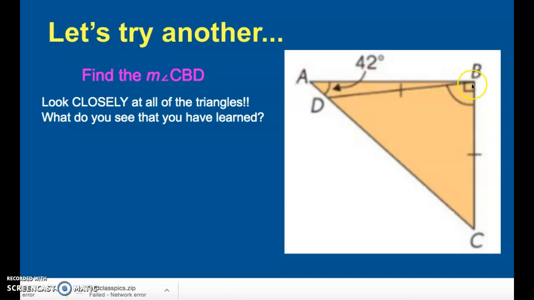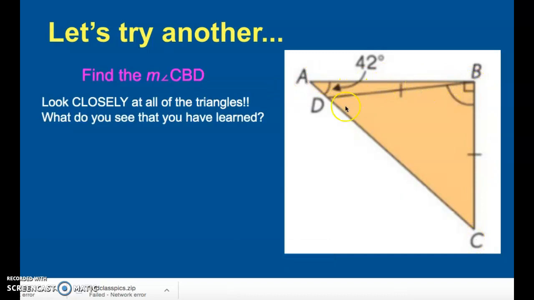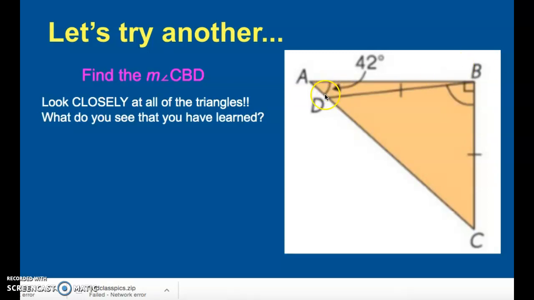Well, we have triangle ABC. We also have triangle ABD and triangle DCB. This time, we're going to look at it a little differently. I see an angle marked 42 here in the corner. I also know that this angle in the biggest triangle ABC is a 90-degree triangle.